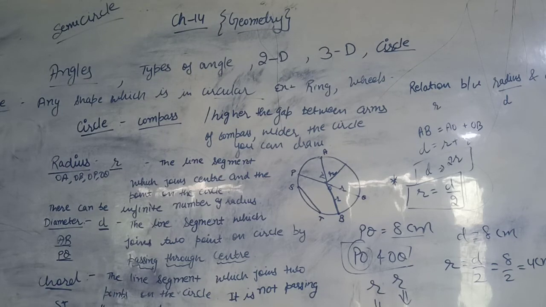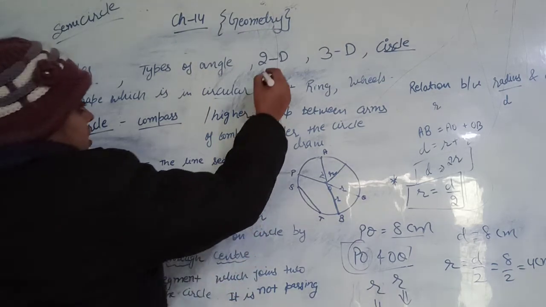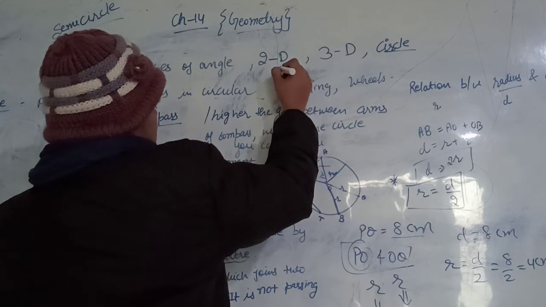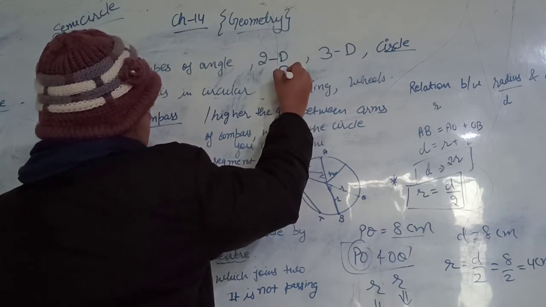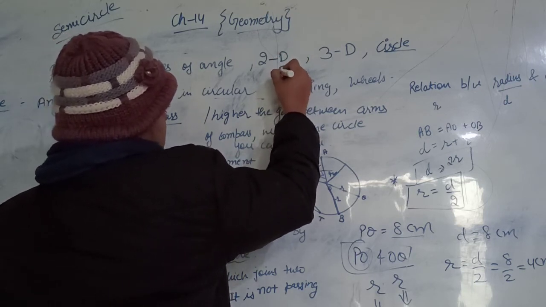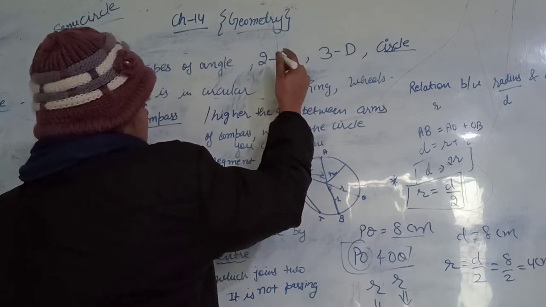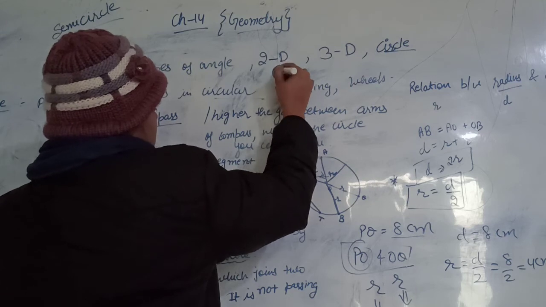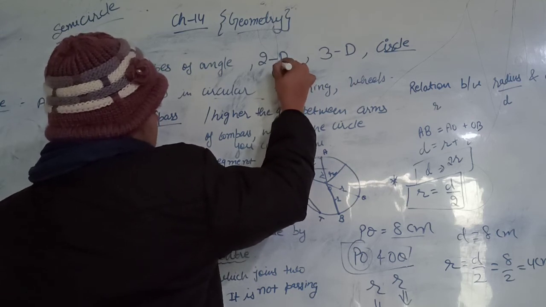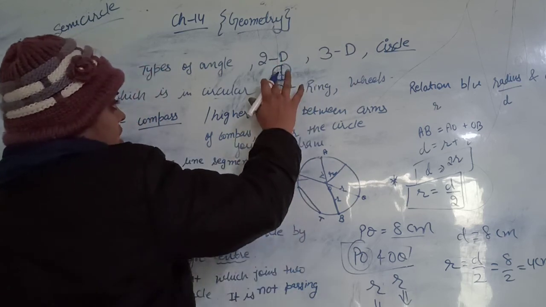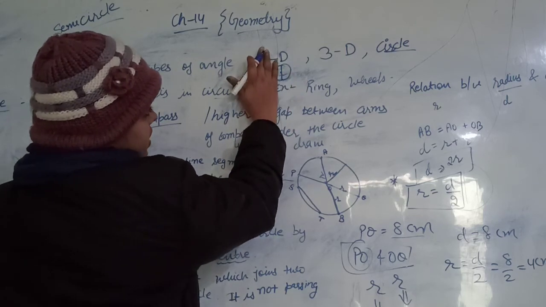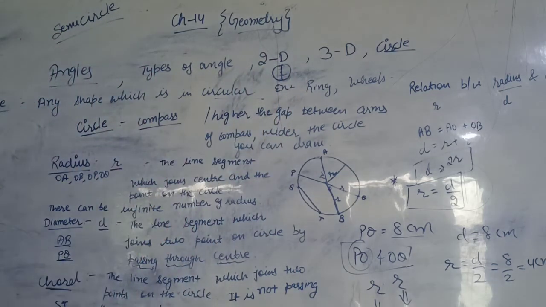Like here, have you ever noticed this D? When I write this, this is the diameter. If I make a circle, and this will be the center, and I draw the diameter, then half of this will become D, right?